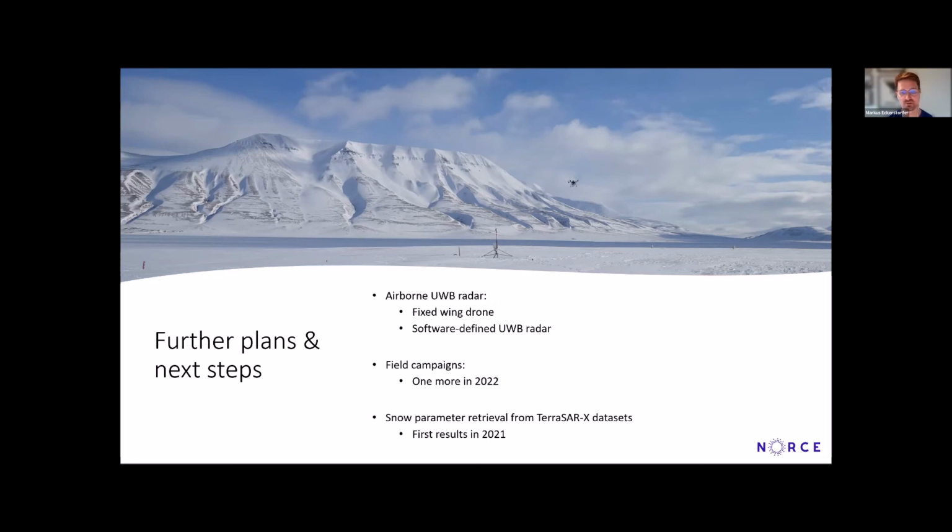We have more field campaigns, as I mentioned earlier, next year. And in terms of our SIOS deliverables, we have started looking into the TerraSAR-X datasets, but we are expecting to have our first results ready this year.